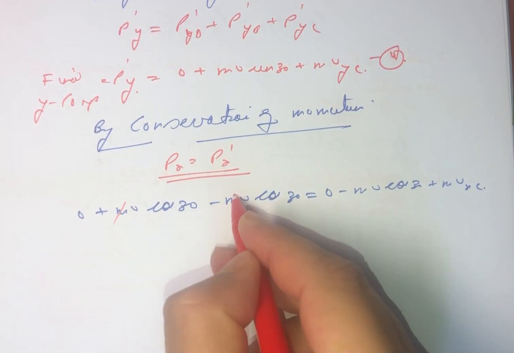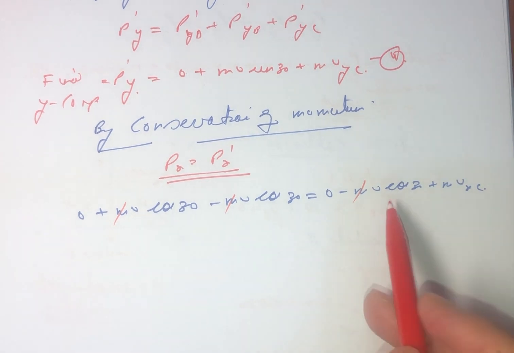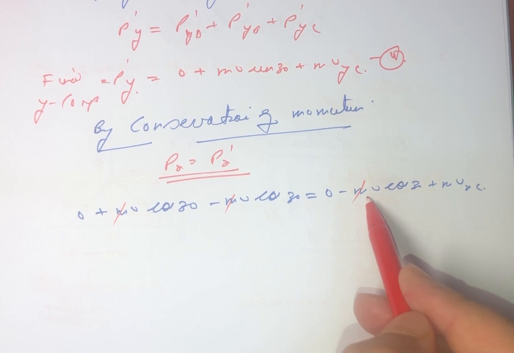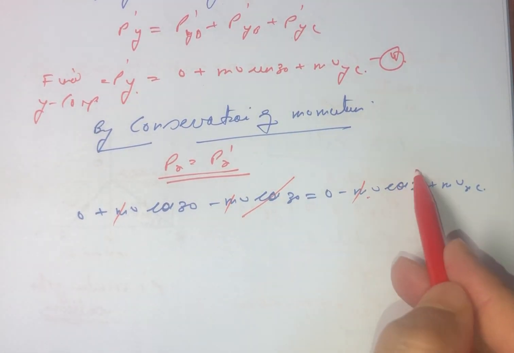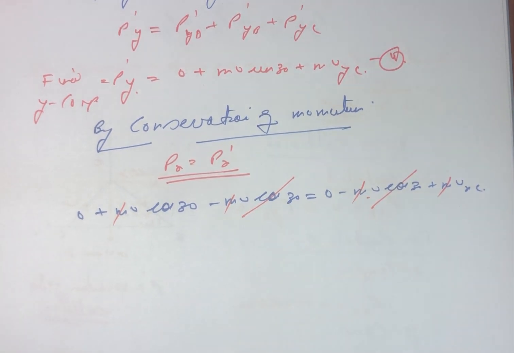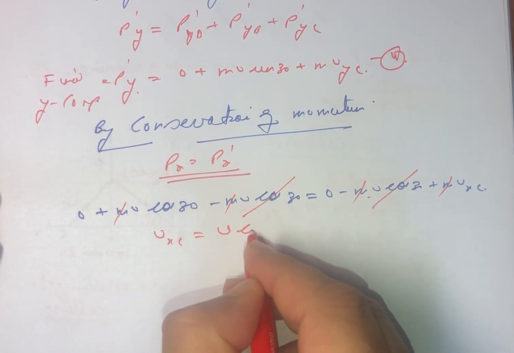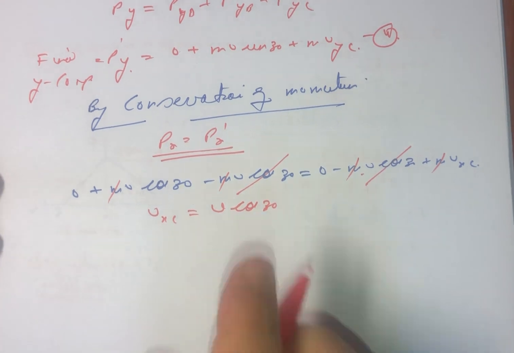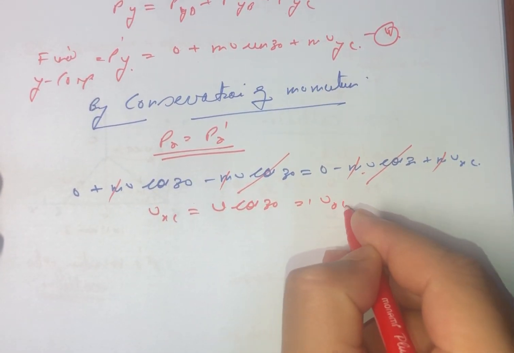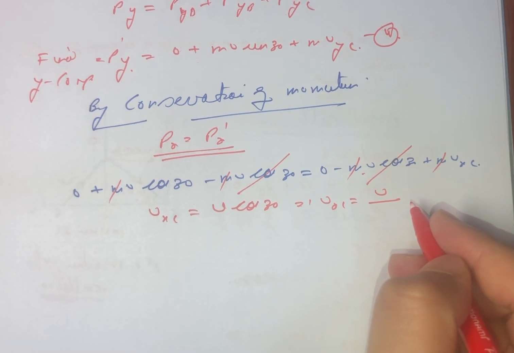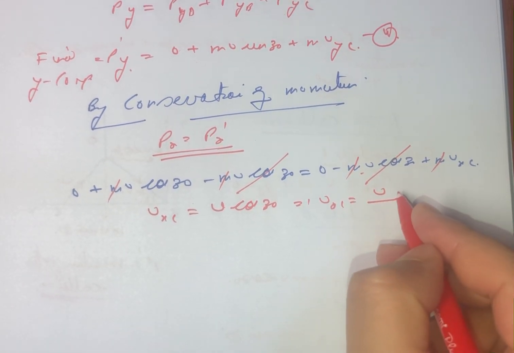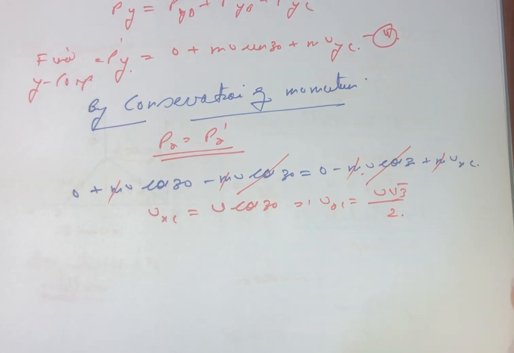Now m cancels out throughout, and this v cos 30 is minus this, and this also cancels out, and therefore we can say that vxc is equal to v cos of 30, which is v square root of 3 by 2.